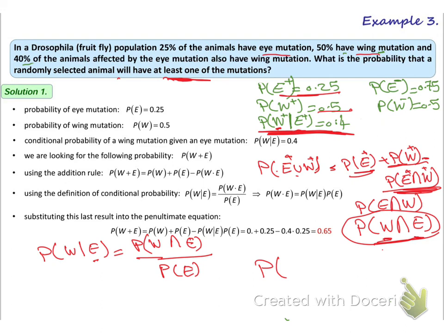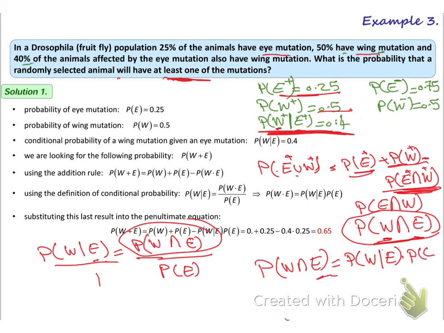So we can do cross multiplication. The probability of W intersect E will equal the probability of W given E times the probability of the last one, probability of E, which is the law I gave on the last slide. We have the probability of W given E, and we have the probability of E, so we can get the probability of W intersect E and substitute in the formula.